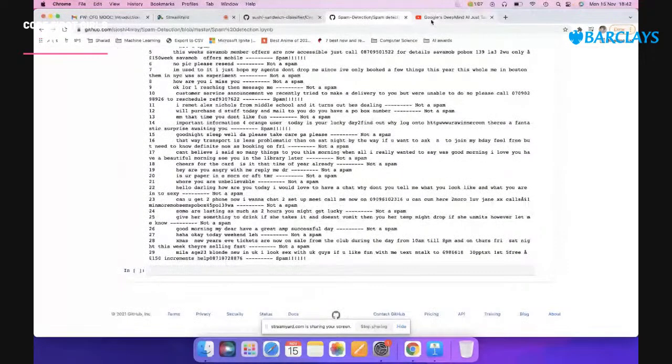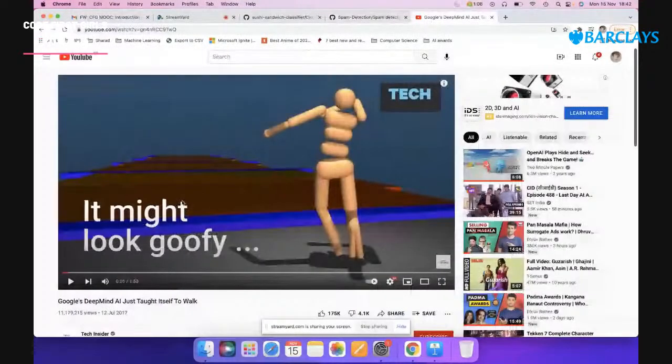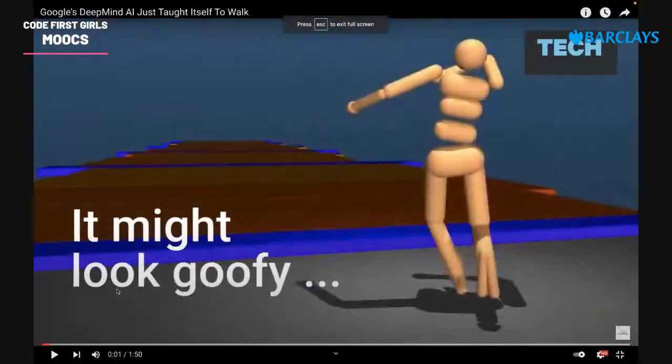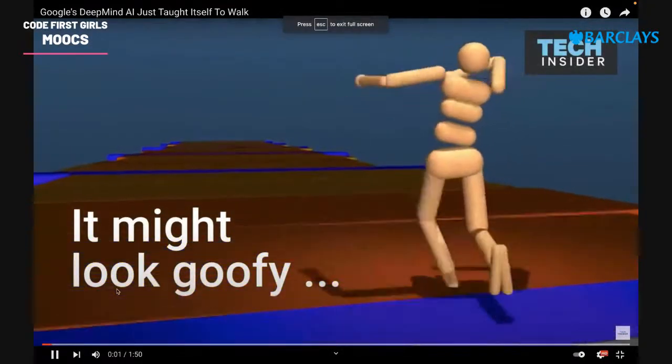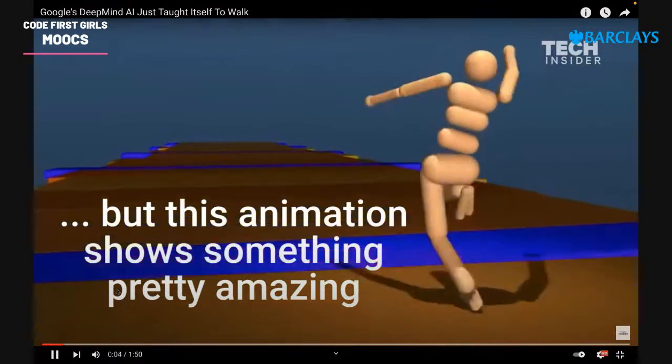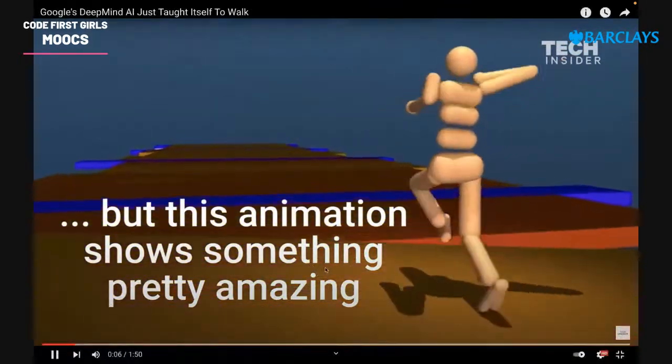Now I'll quickly show what reinforcement learning is and how it looks. This is something which I wanted to learn, and I'll quickly show how it works. So this is the animation.